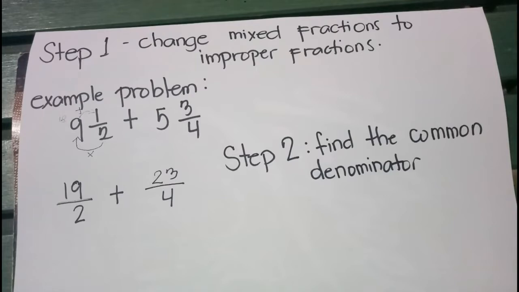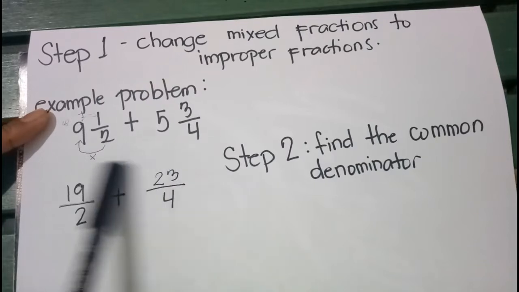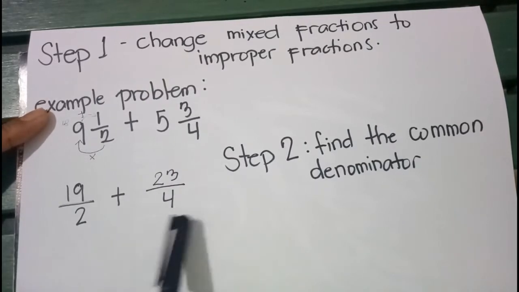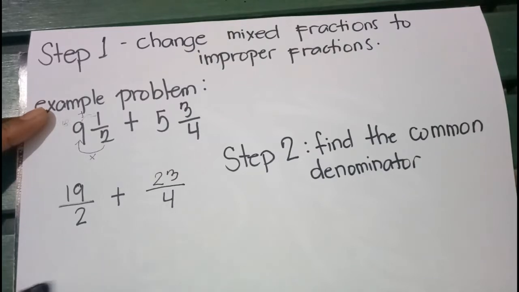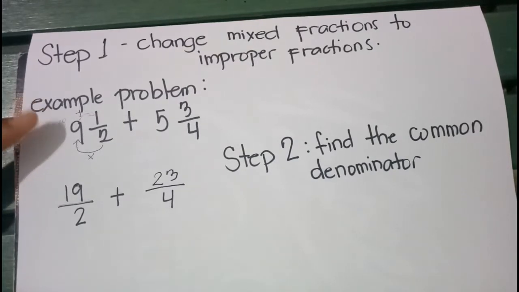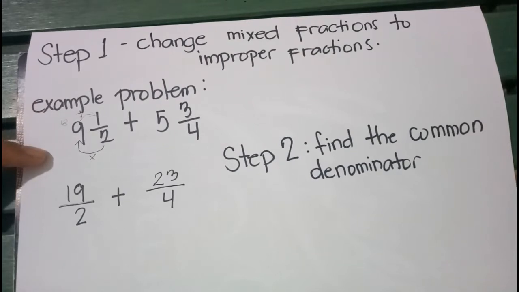For step 2, what we need to do is find the common denominator. It is the same as what we did in our previous activities. We have our fractions here, and they have different denominators. So we are going to find the common denominator by using the process that we have used before. You can use either the crisscross method or your times table to get the LCD.